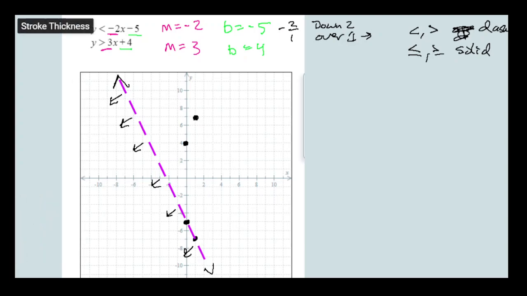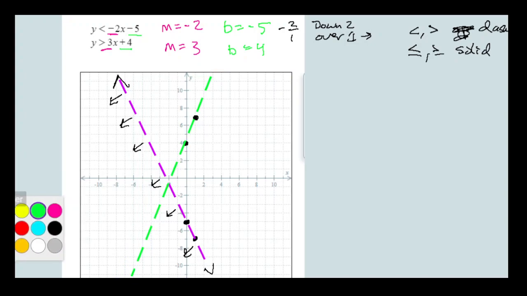I think it's already on dashed, and it is, so we're good. So we're going to do a dashed line that comes down and goes like that. This is my second line. We'll put on some arrows.